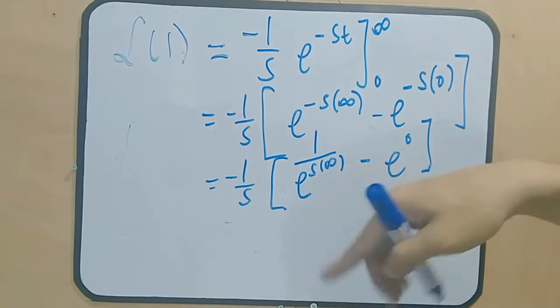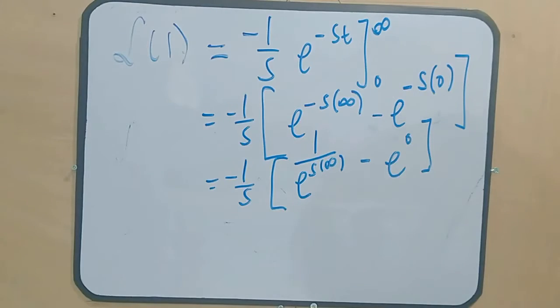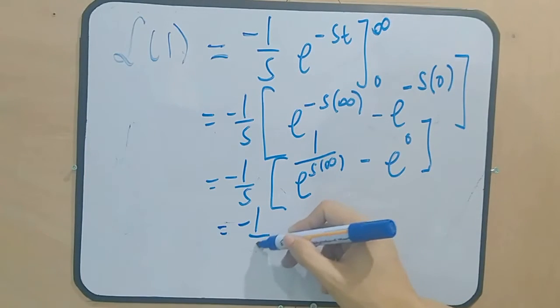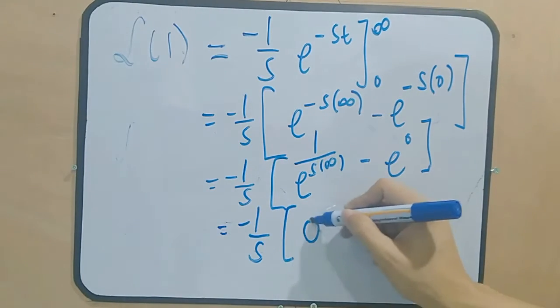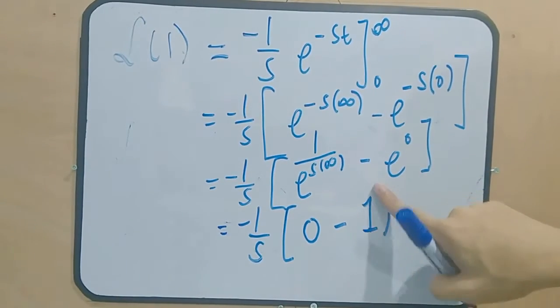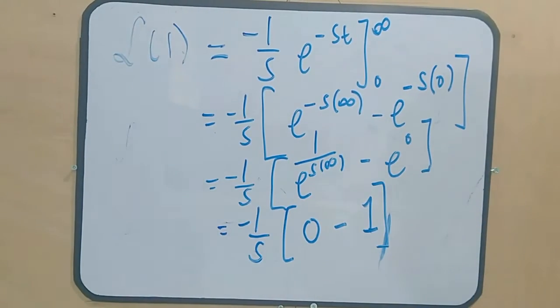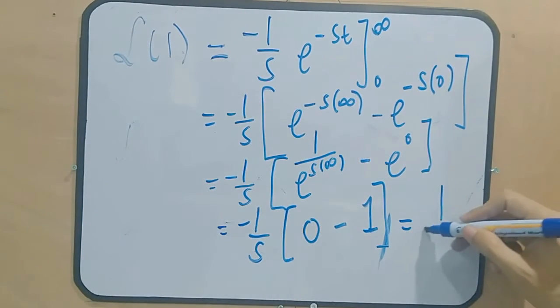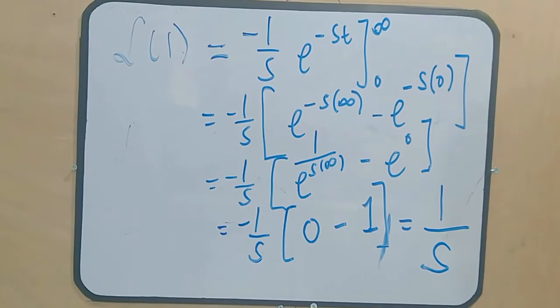So e, i-raise mo siya to infinity. So it will become infinity guys. So 1 divided by infinity, that is 0. So we have here negative 1 over s times, you have 0 minus, so e raised to 0, this is 1. Now here, we have negative 1 over s times negative 1. So this is equal to 1 over s. So that is how you find those formulas guys.